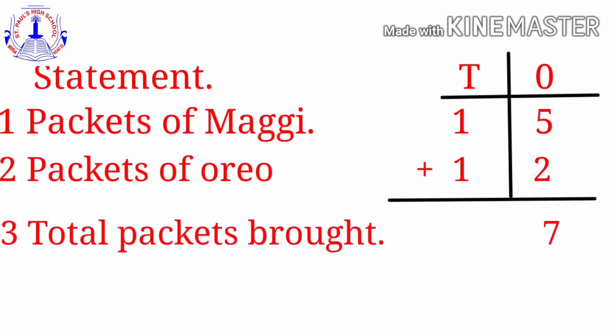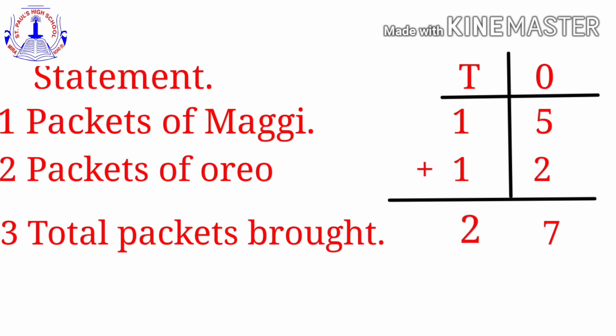So now, first we will write the statement, that is total packets brought. First we will add the units place. So 5 plus 2 gives you how much, children? Very good, 7. So we have written 7 over there. Then after that we need to add the tens place. So 1 plus 1 gives you how much, children? 2.